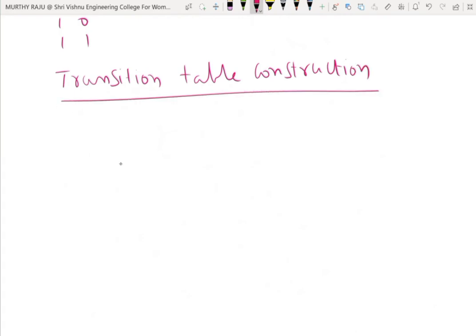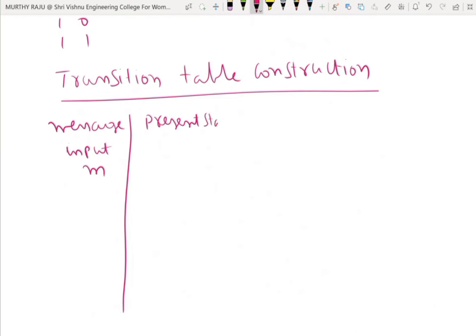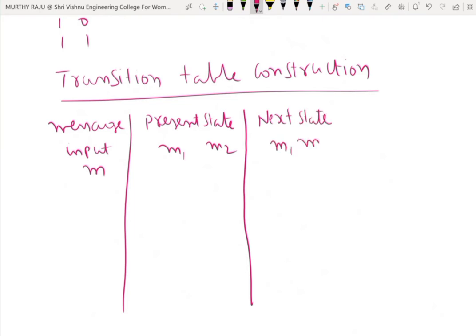Transition table construction. Message input, that is represented by M. Present state, M1, M2. Next state, M1, M2.